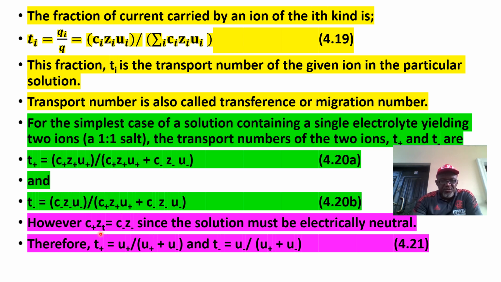However, C plus Z plus equals C minus Z minus because it is 1:1, as the solution must be electrically neutral. Therefore, what remains is the mobility of the positive ion over the total mobility, and for the negative ion, the mobility of the negative ion divided by the total mobility.